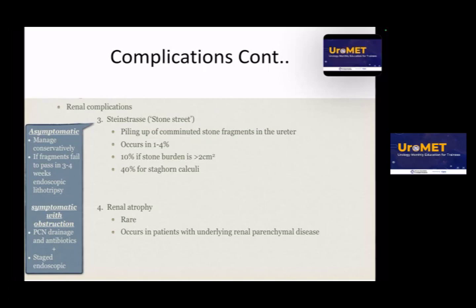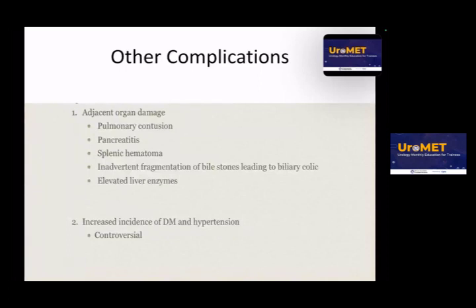If the leading stones are obstructing, then we can do an endourological approach. And rarely the patient can develop renal atrophy. Other minor complications are adjacent organ damage, mainly pulmonary contusion, pancreatitis, splenic hematoma, inadvertent fragmentation of gallstones, elevated liver enzymes, and increased incidence of diabetes and hypertension.